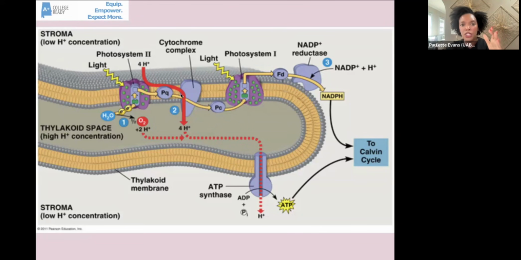Those electrons got pushed through these proteins in the membranes. And I can talk to you about how the electrons move, or how scientists believe the electrons are moving. But we've pushed these electrons down and we've given the electrons to an electron carrier, NADPH. So the electrons started with magnesium, they ended with NADPH.